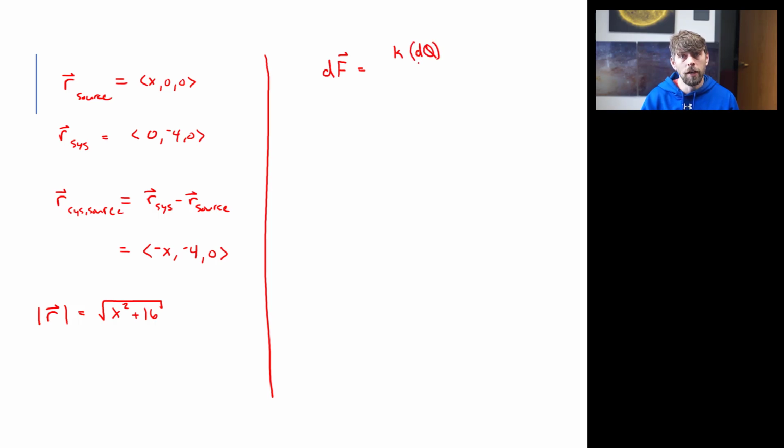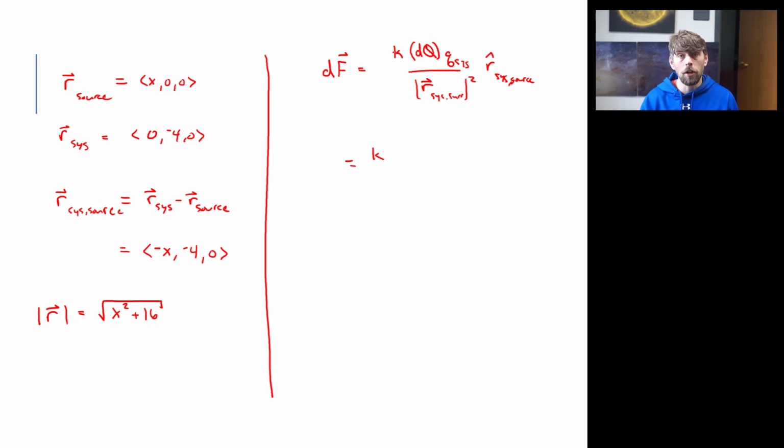Because that is the small infinitesimal sliver of the bar that we've considered. I'll put in here the system, and of course we have the relative position vector squared, and the relative position vector hat. Well, let me go ahead and plug in all the numbers. Numbers, variables. I'll leave k as the original.